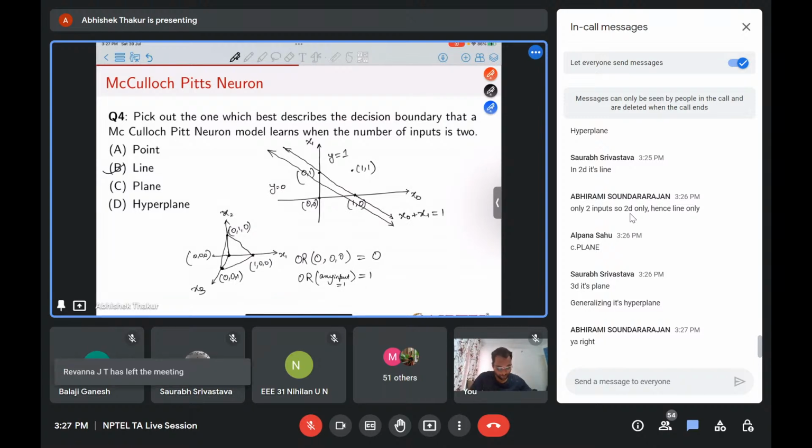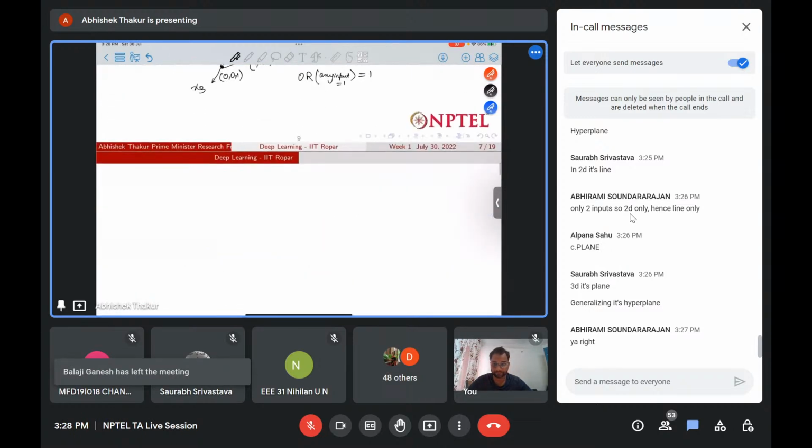So here, if three inputs are there, then it is a plane. If more than 3, then that will be the hyperplane. Okay. So if there is no doubt, then we can move on to the next question.